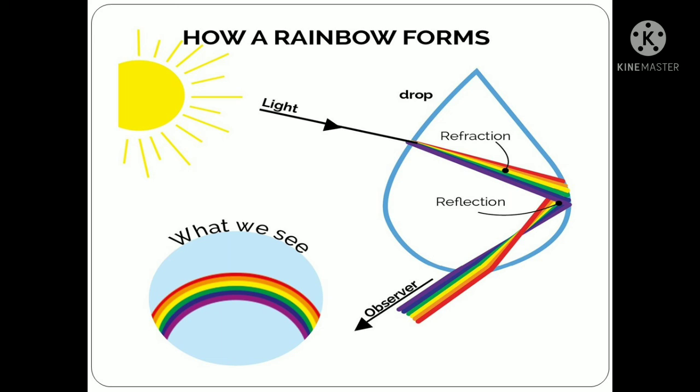Light will fall, then refraction will happen. Now what is this term refraction actually? In reflection, the incident ray falls and is reflected back. But in refraction, it enters another medium, from air to water, so it will bend a little bit.